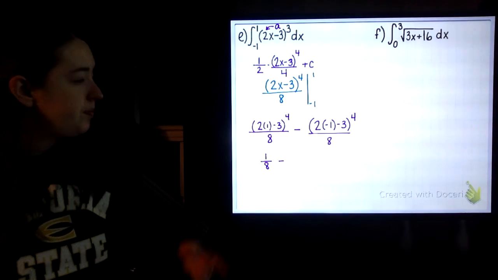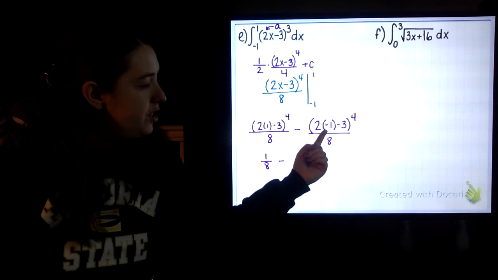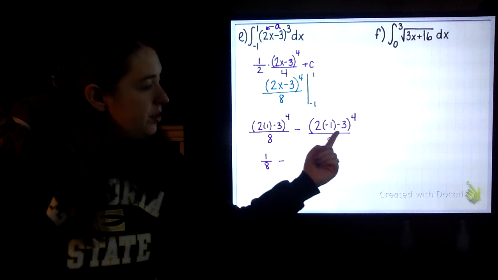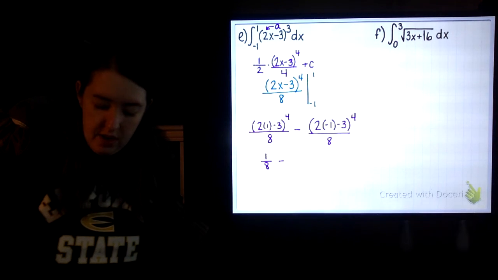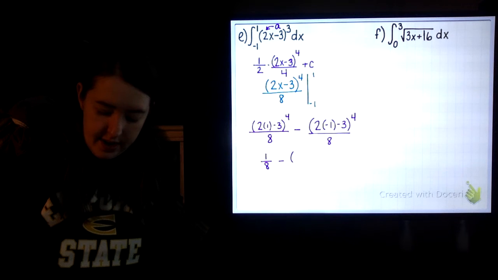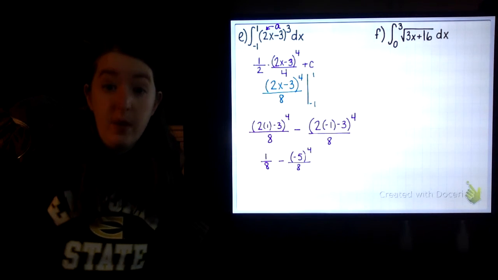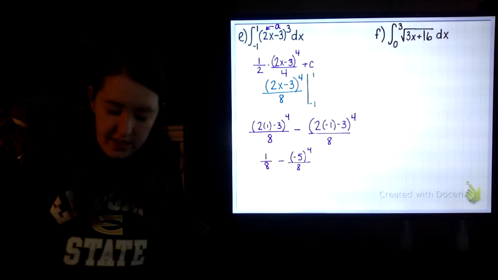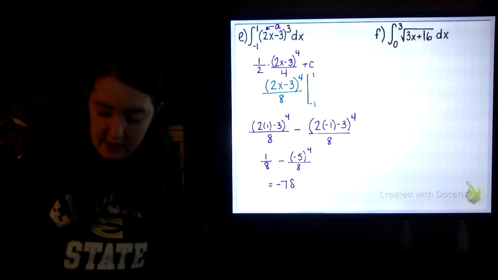Minus 2 times -1 is -2. -2 minus 3 is -5. So I have -5 to the 4th power over 8. Now when we go through and simplify this, just trust me, it ends up being -78.